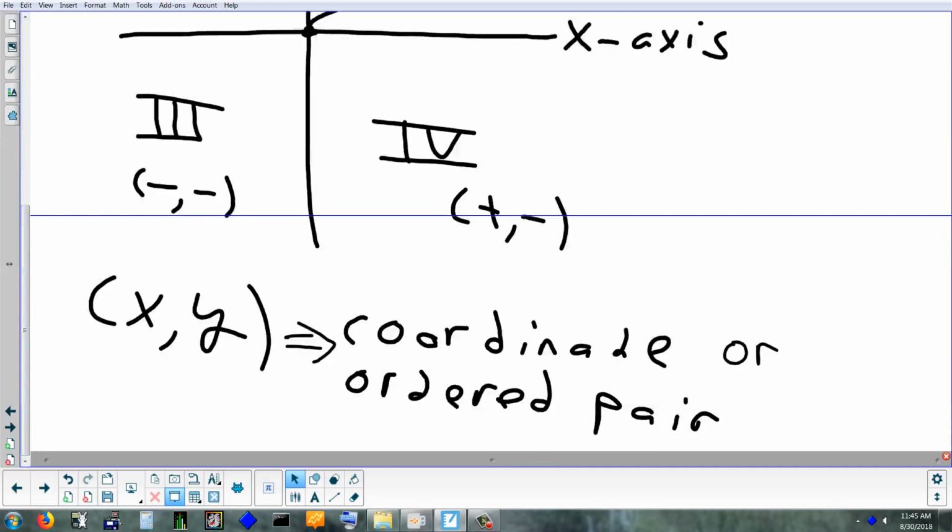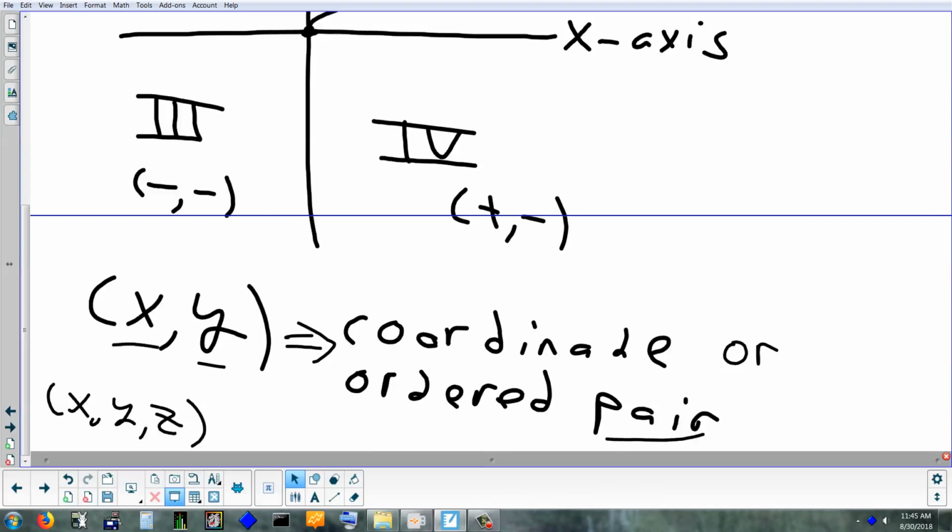So, x, y written like that, that's called a coordinate. Or if you want to be more specific about the kind of coordinate, it is an ordered pair. 1, 2. It's a pair. Something like this, that's still a coordinate, but it's not an ordered pair.